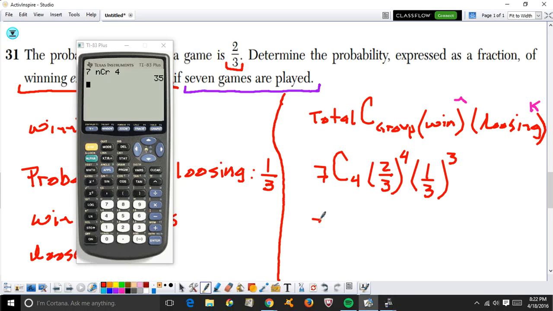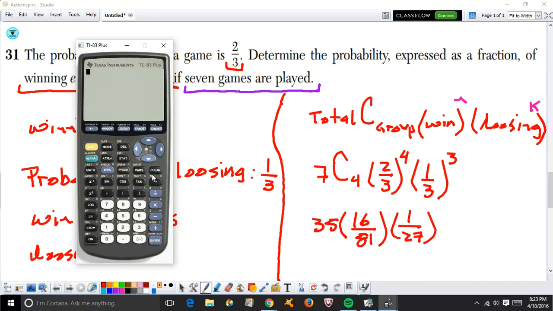So we got 35 times 2/3 exponent 4, 16/81, times 1/3 exponent 3. So we got 1/27. Let's multiply this out in our calculator and we should be done.